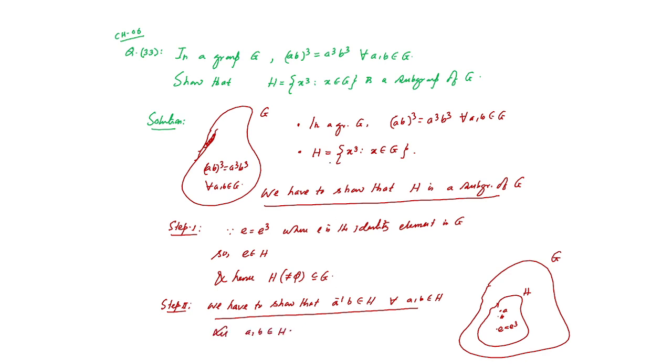Now we just look at the set H. The element pattern of H is x cube. So a must be in the form of x cube and b must be in the form of y cube for some x, y belongs to G, as they belong to H. Now we continue with the element a inverse b, which we have to show belongs to H. So what is a inverse?